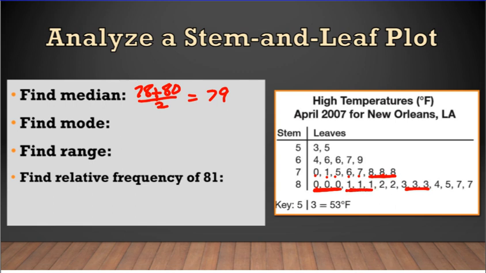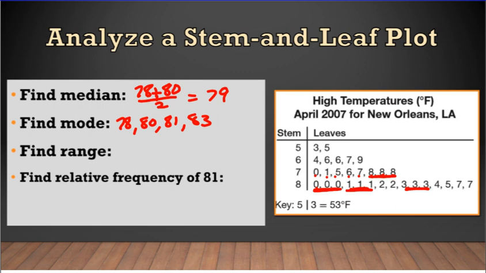Actually, there's 3 1s right here. So we have 4 different modes. We have 78, we have 80, we have 81, and we have 83. Those 4 numbers are listed the most on this stem and leaf plot.